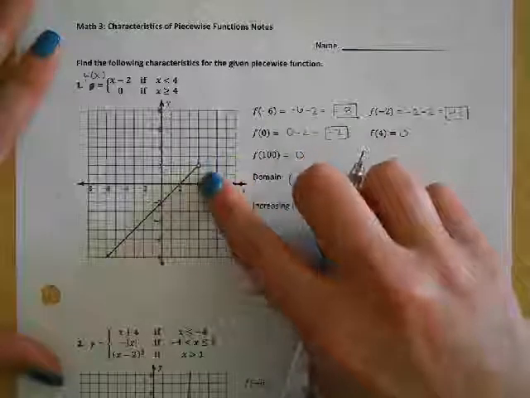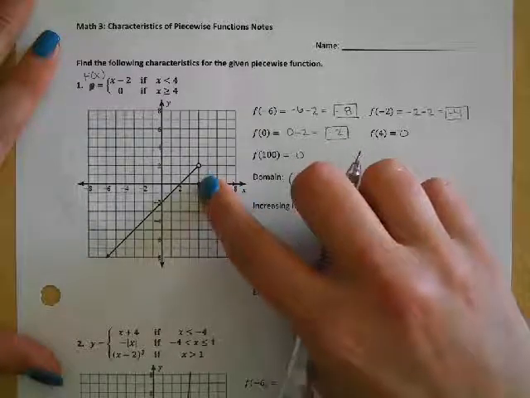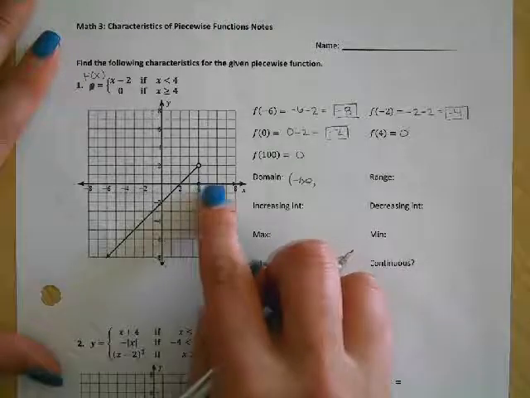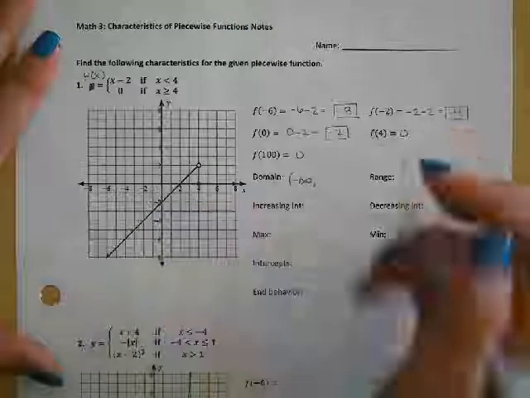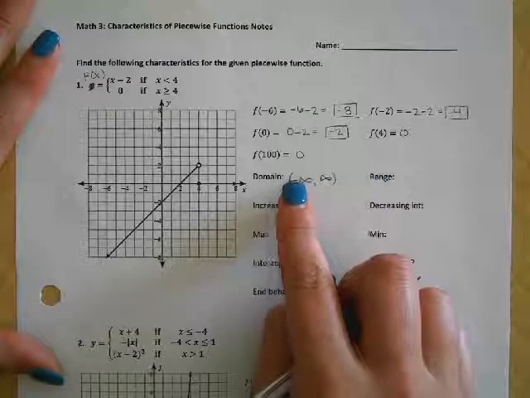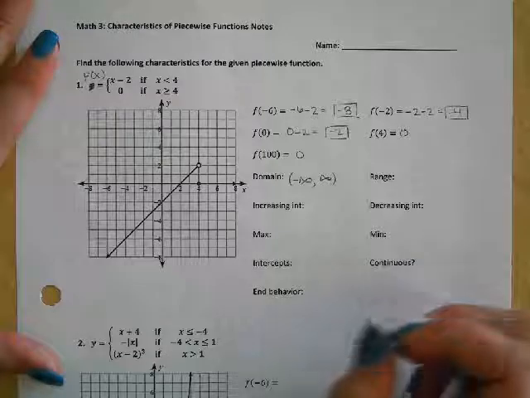But then I look down here and I can see that the x value of 4 is included. It's just included on this second part. So I do have 4, and then I do have all these positive numbers, and then I have a right arrow. And so my domain is from -infinity to +infinity. There were no x values that were skipped.